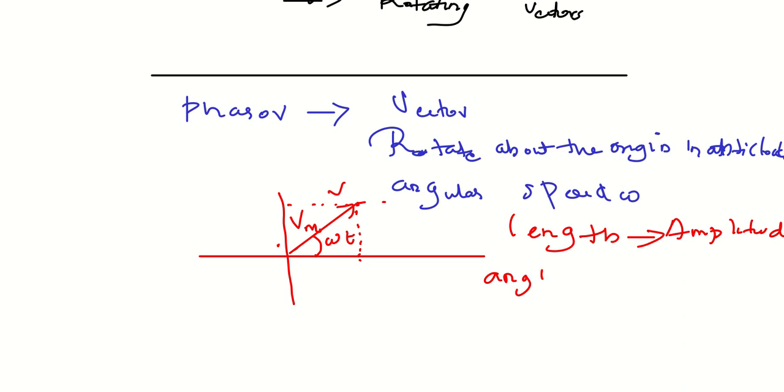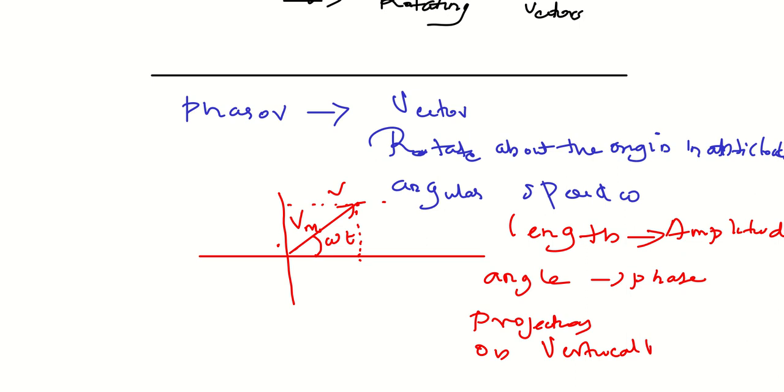So the angle is the phase, and the projection on which axis? The vertical axis gives the instantaneous value of that quantity.